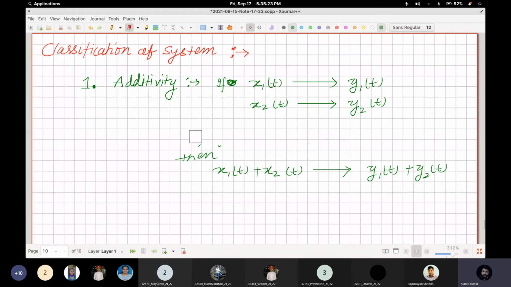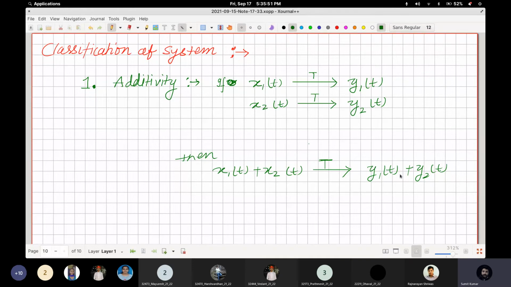Okay, so if x1t gives y1t as output, and x2t gives y2t as output in your system, and let me mention t here to denote that it is the same system, then your output must be y1t plus y2t when you give x1t plus x2t as input. Is this clear to everyone?